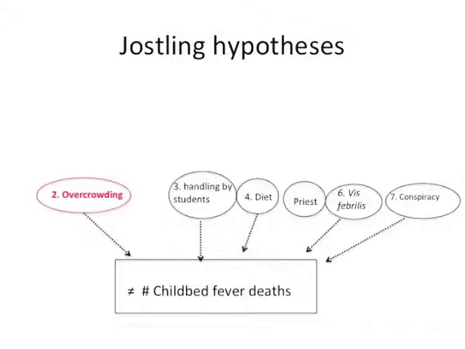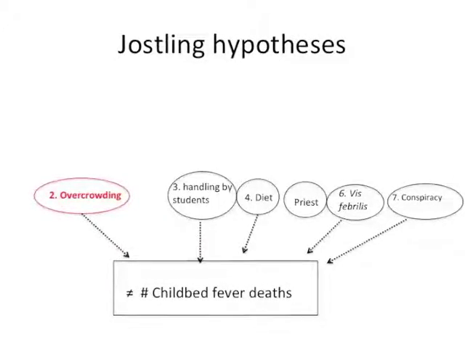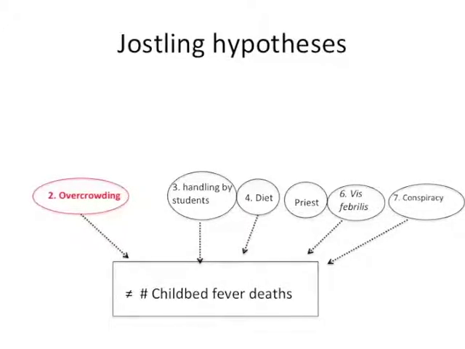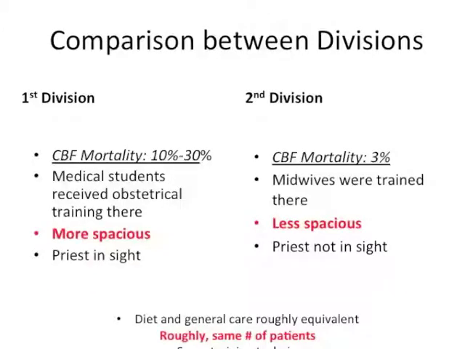The next hypothesis is the overcrowding hypothesis, namely that childbed fever, right, is caused by overcrowding in the ward. Now, is this explanation good? Do you think that it fits the data? Okay, now again, pause to think about it.